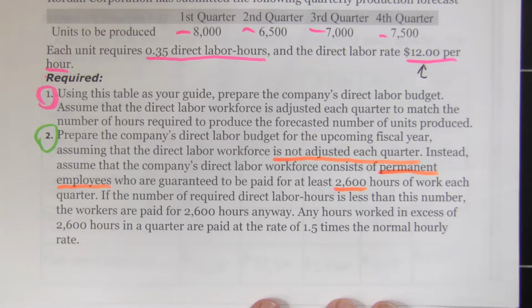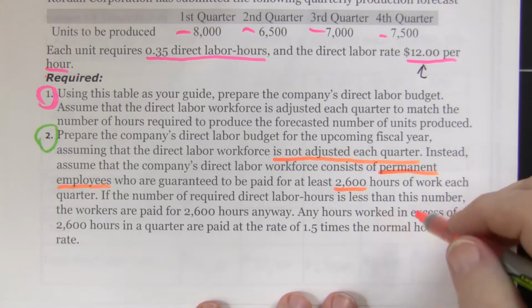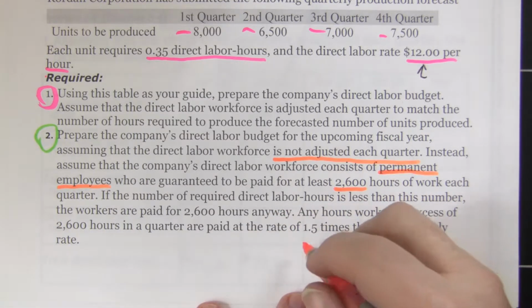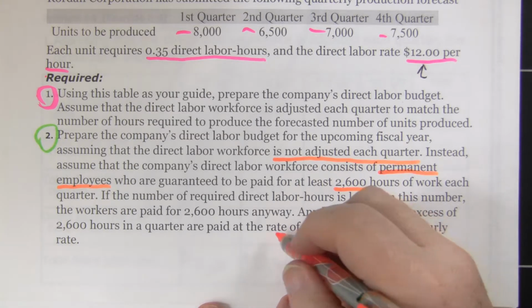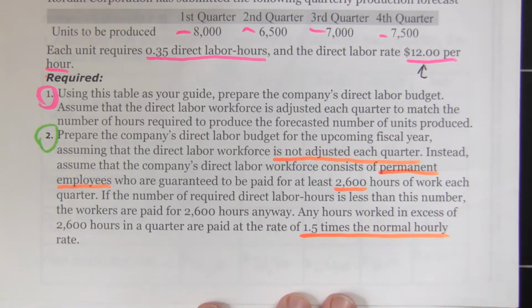So if we need less than that, we still have to pay for 2,600 hours. If we need more than that, we have to pay overtime. Any hours worked in excess of 2,600 are paid at 1.5 times the normal rate. Time and a half for overtime is fairly standard.